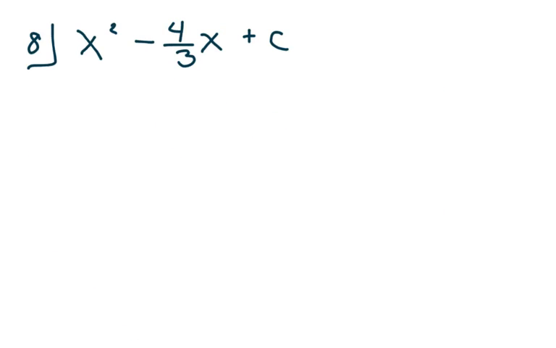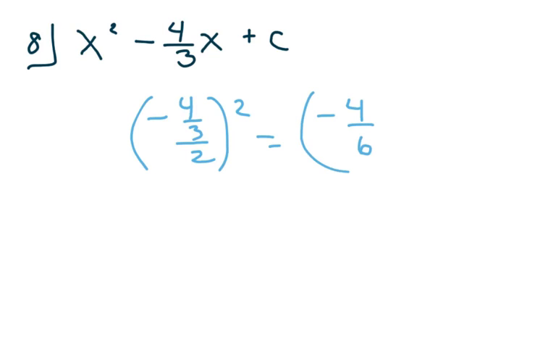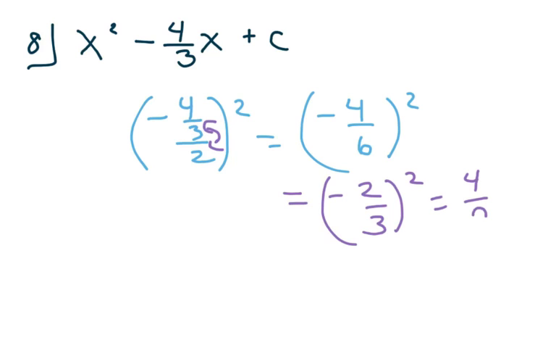All right. This one, we need the c. So c is going to be negative 4/3 over 2 squared, which equals negative 4 over 6 squared. All I did was multiply these two, like I did in the other. So 3 times 2 is 6. I'm going to go ahead and reduce this. This is negative 2/3 squared, just to make it easier, which is 4/9.